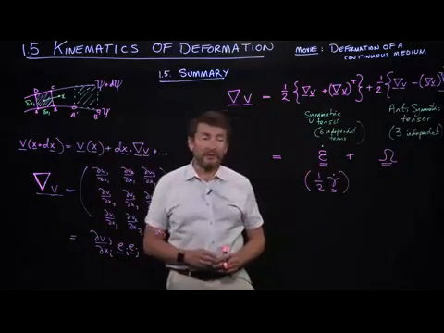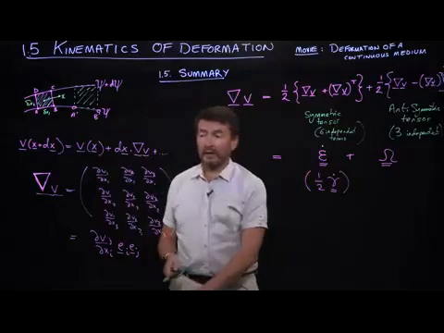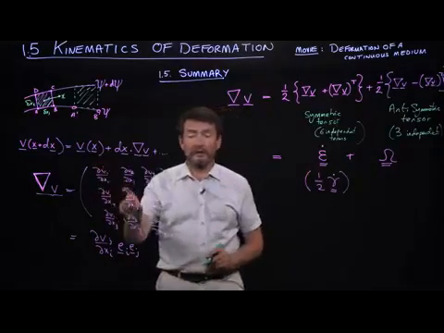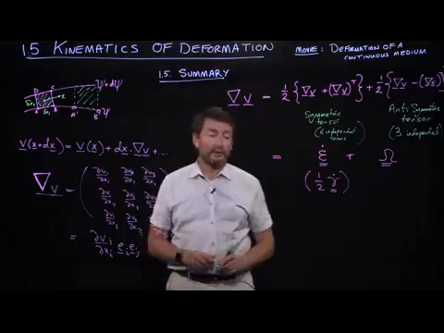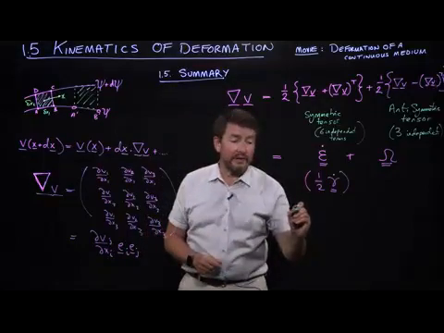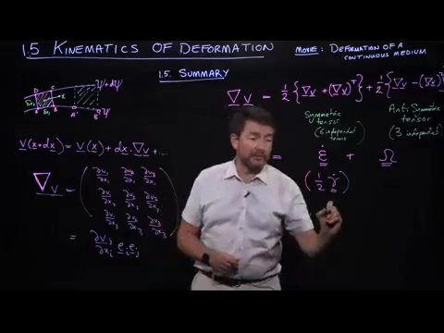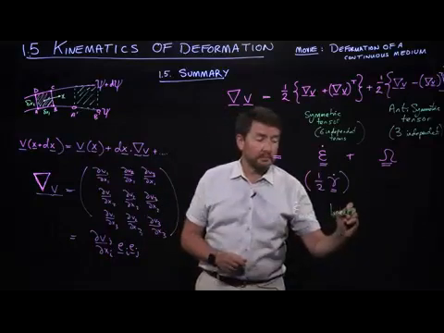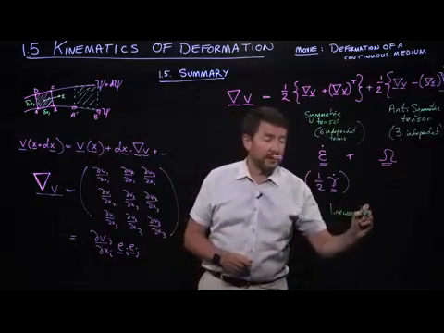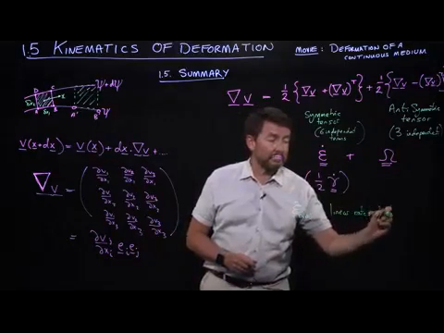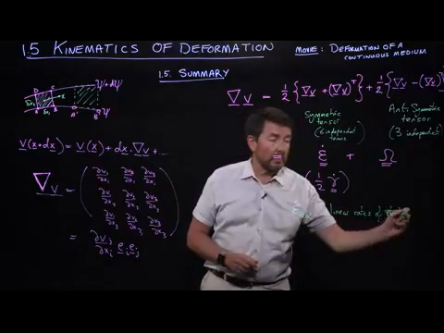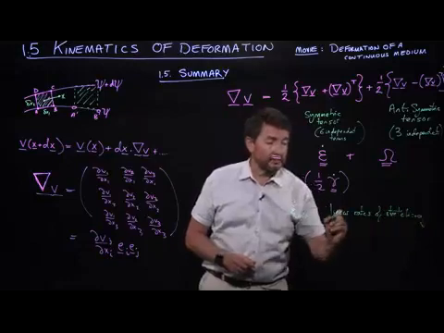And we've seen what these individual terms look like. So we'll see that the terms along the diagonal are to do with the rate of stretching. So we've seen that terms that look like epsilon dot alpha alpha correspond to linear rates of stretching, or what we've called extension.